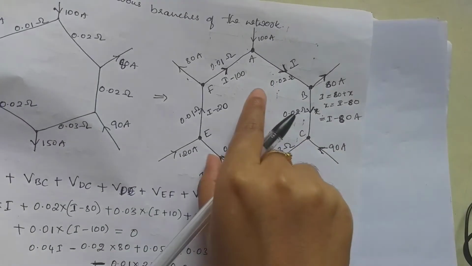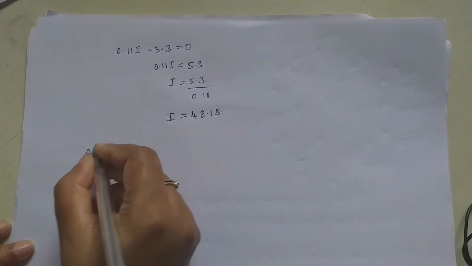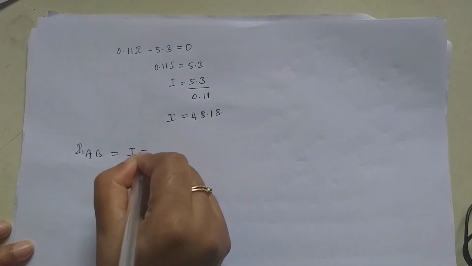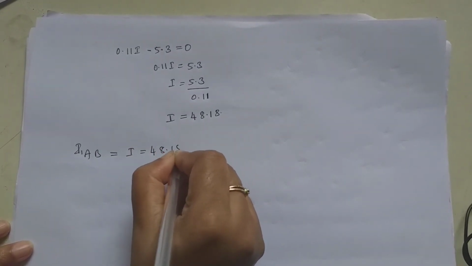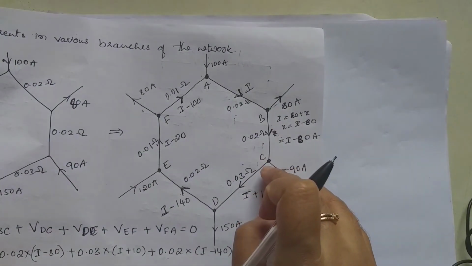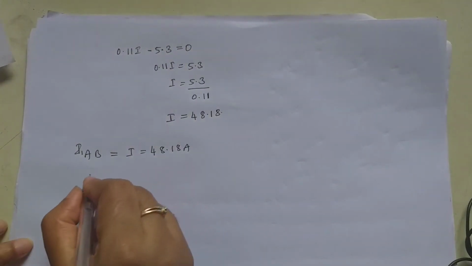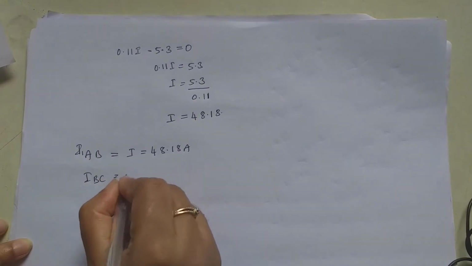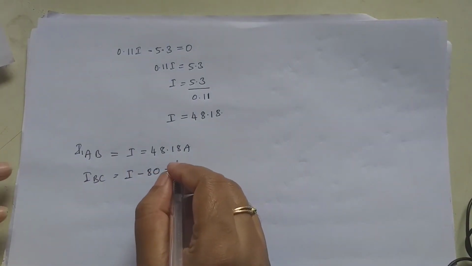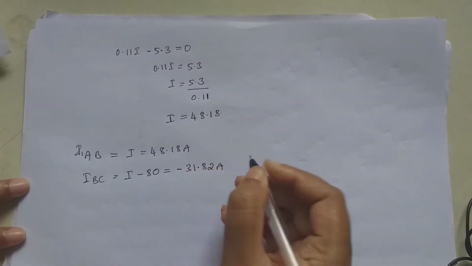The current through branch AB, IAB, is equal to I, which is 48.18 amperes. The current through branch BC, IBC, is I minus 80, which is minus 31.82 amperes.